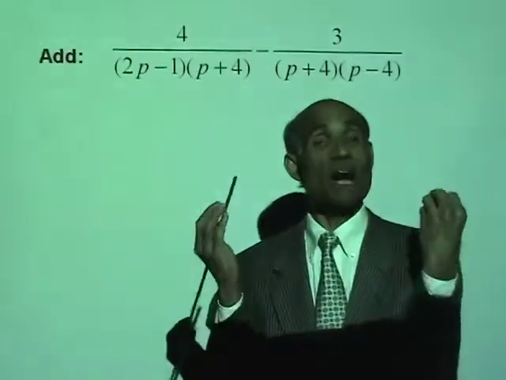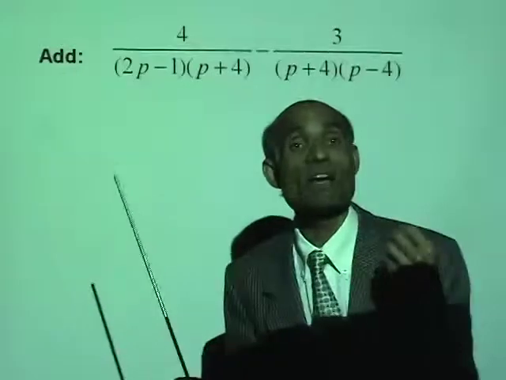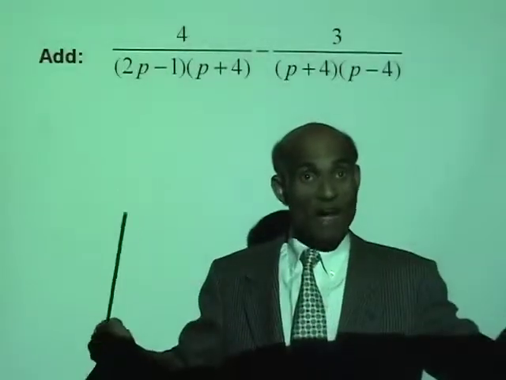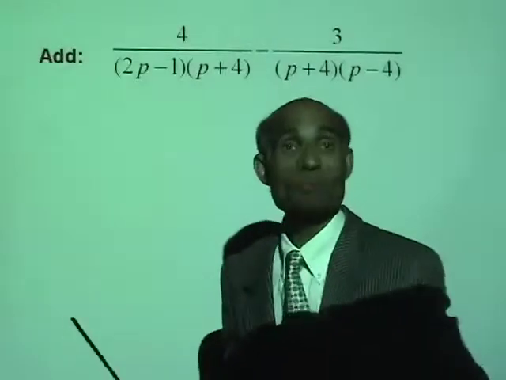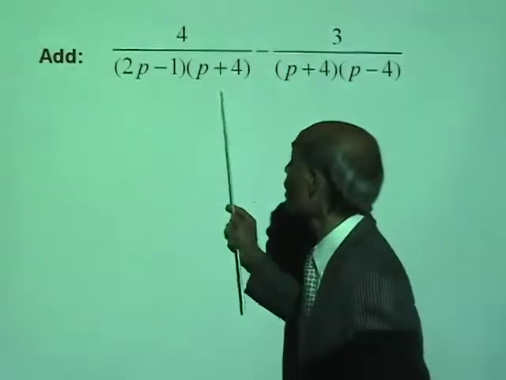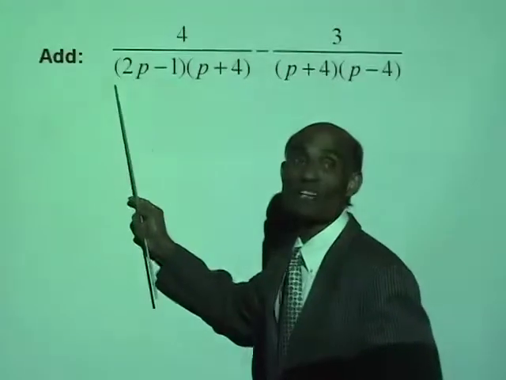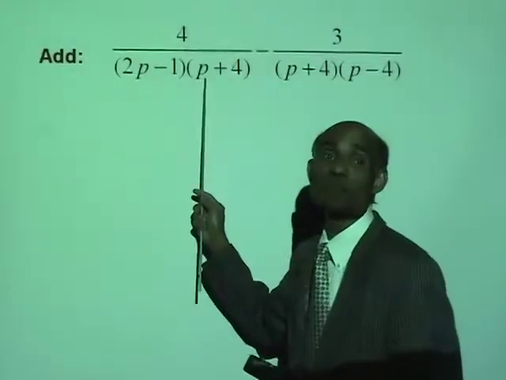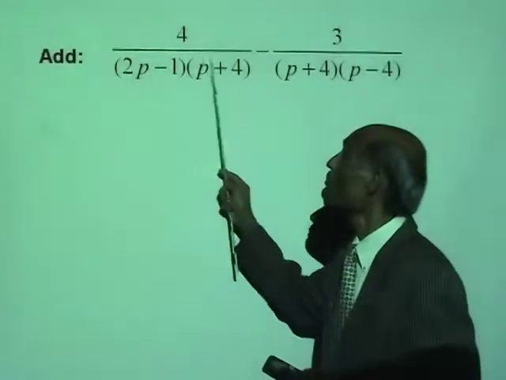So, you can now pick the LCD. How do you pick the LCD? Pick all the factors without repeating. So, to pick the LCD, start by picking all the factors of the first denominator. 2p minus 1 times p plus 4. So, we pick both of those.